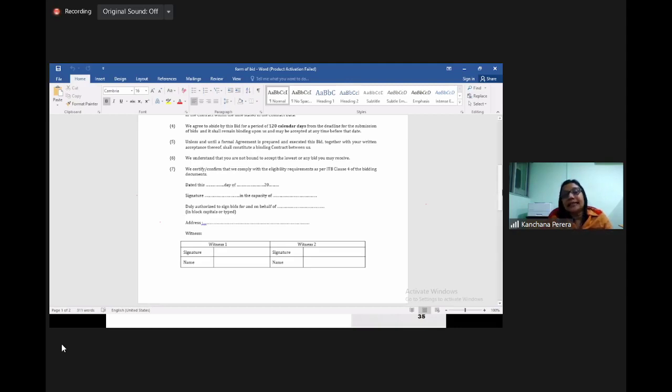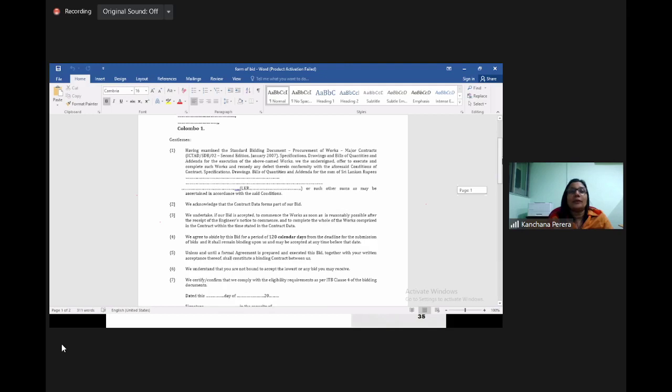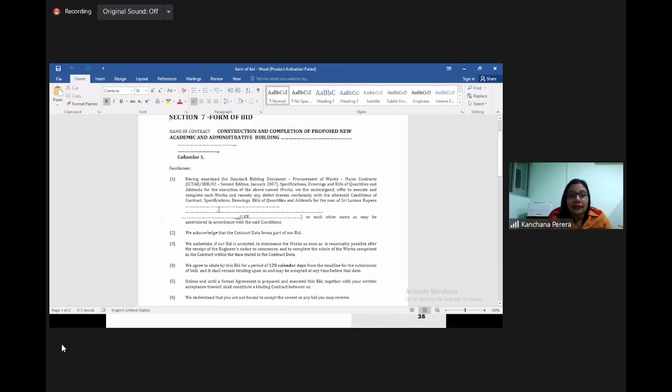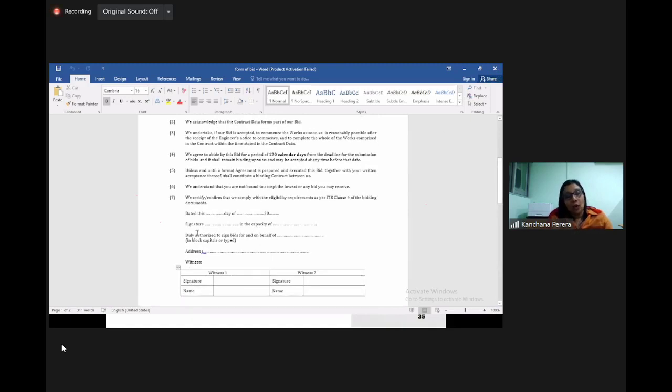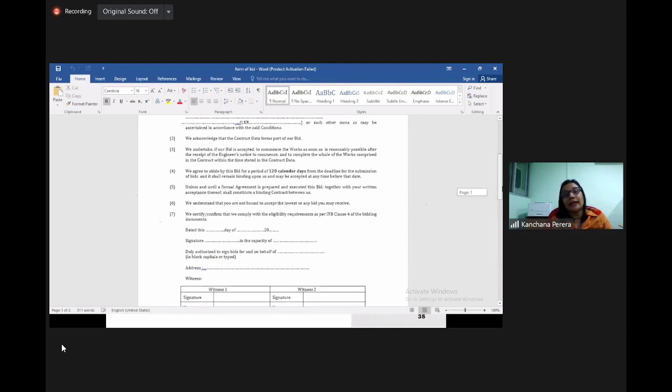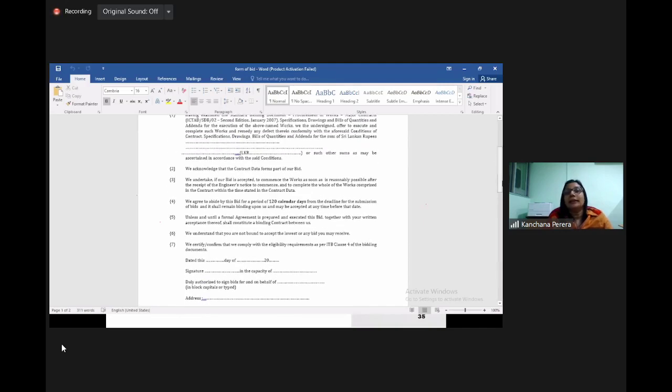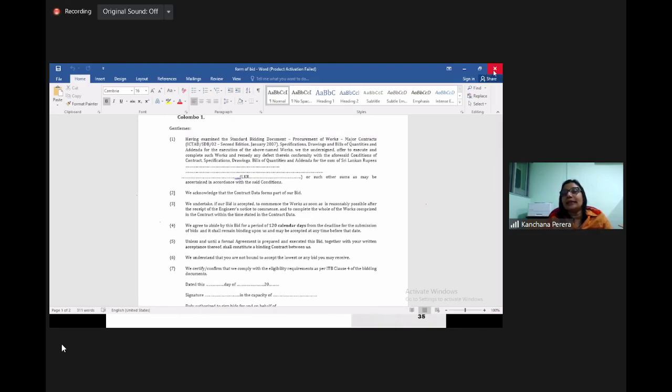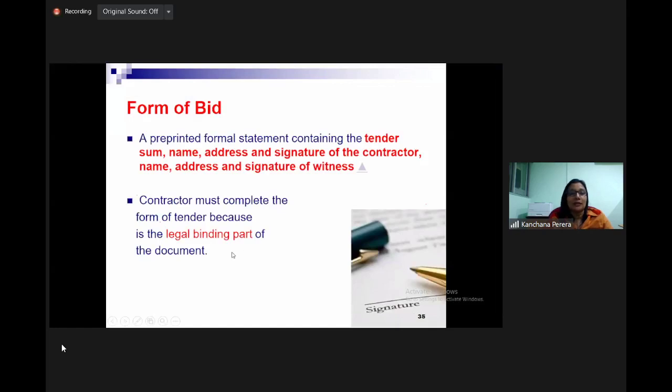So this is the legally binding part of the bid, right? The figure you are giving in words will govern, and it will be the legally binding figure. So please be careful about that. You have to sign the bid, authorized person of the company, then 2 witnesses should sign, and this amount should be there. Then only this will become legally binding, right?